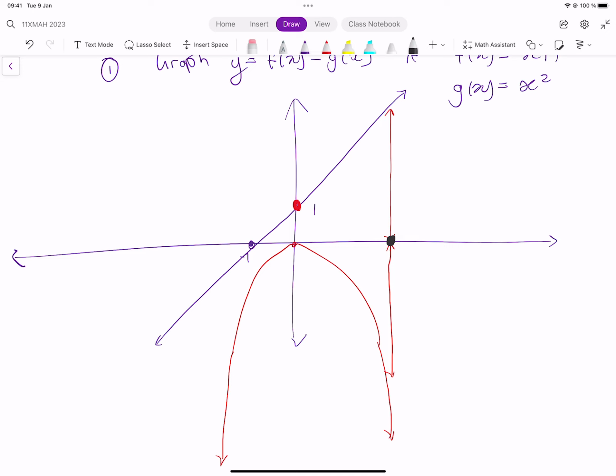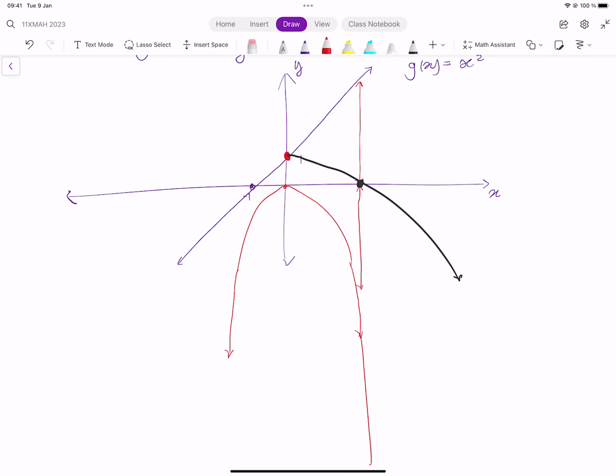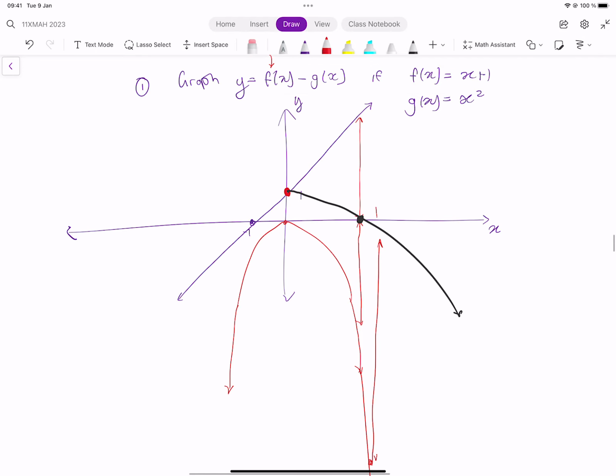Again, it's going to have to go out like this and down because my parabola is decreasing so much faster than my linear graph is increasing. So when I add them together, it's going to have to be below the x-axis because, as I said, if we look at my parabola all the way down here, that y value is so much larger than this y value, so my graph is going to have to be down here.